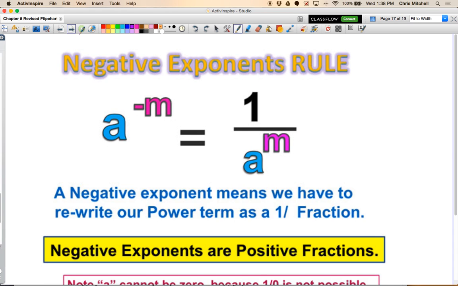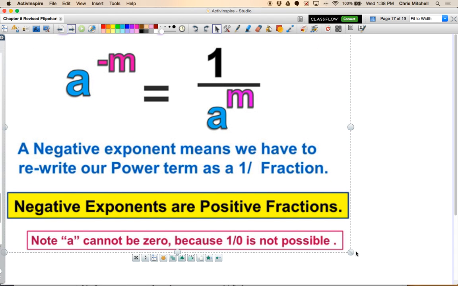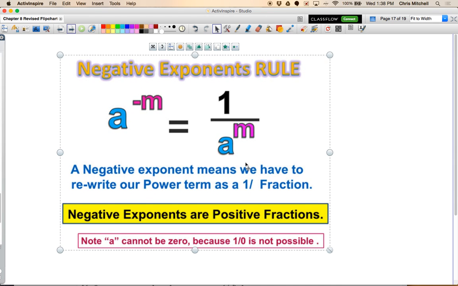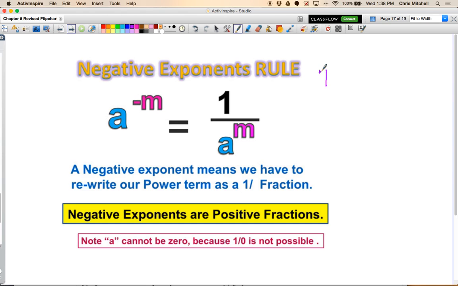Here's the next question. Well, I want to bring this to your attention. When you have negative exponents, nobody wants to deal with negative exponents. So when we have negative exponents, here's the rule. Let me give you an actual number. 7 to the negative second power equals 1 over 7 to the second power, which will equal 1 over 49.